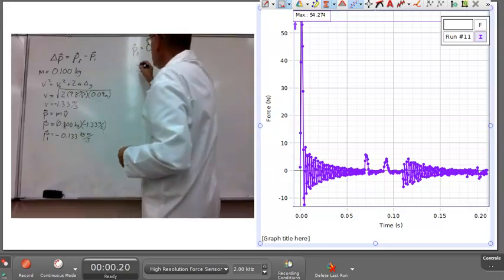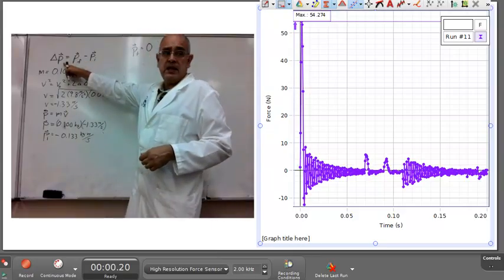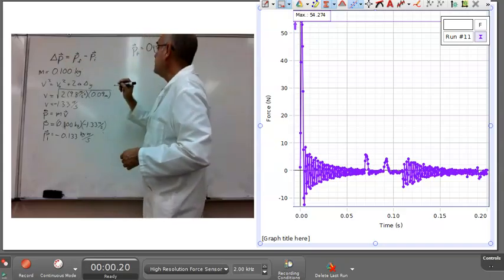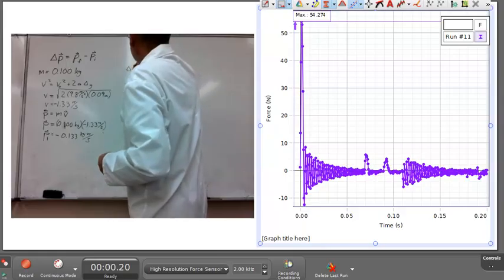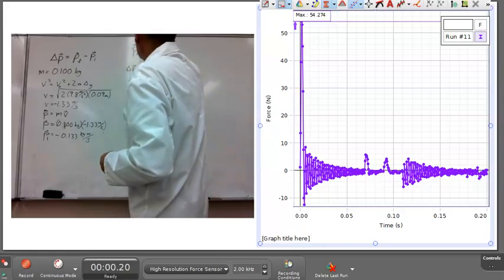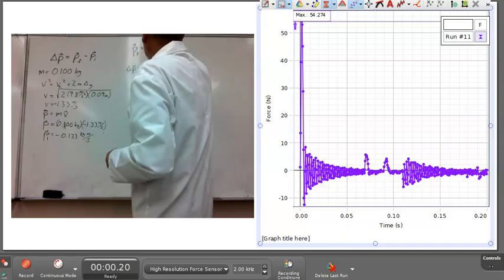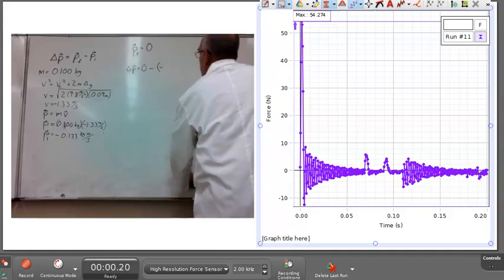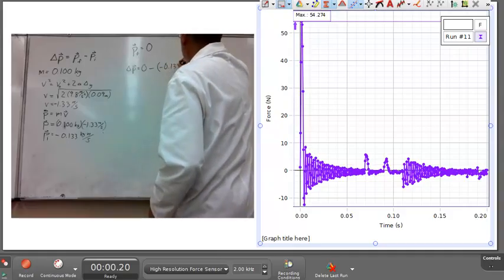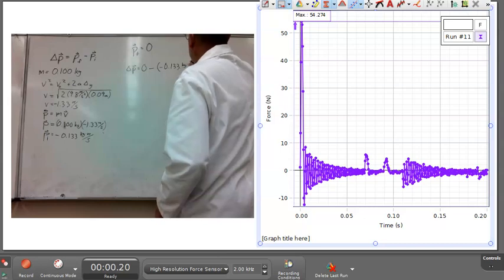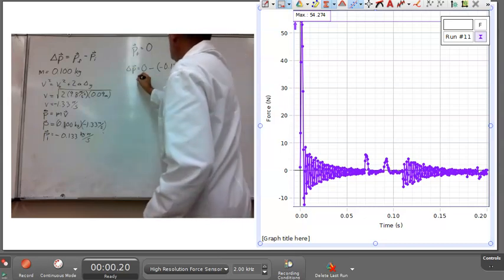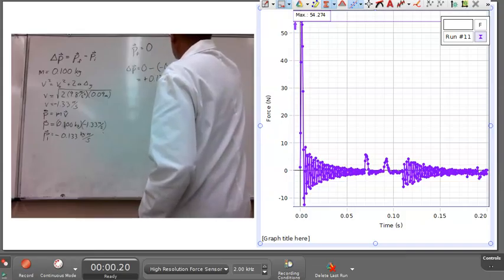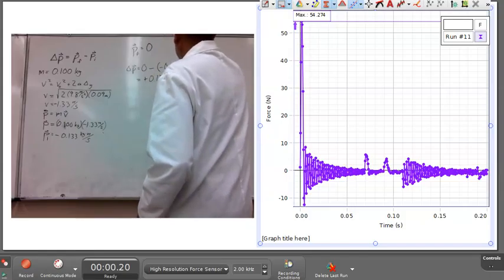So therefore, the change in momentum, delta P, is going to be equal to PF minus PI, or delta P is equal to 0 minus minus 0.133 kilogram meters per second, or plus 0.133 kilogram meters per second.